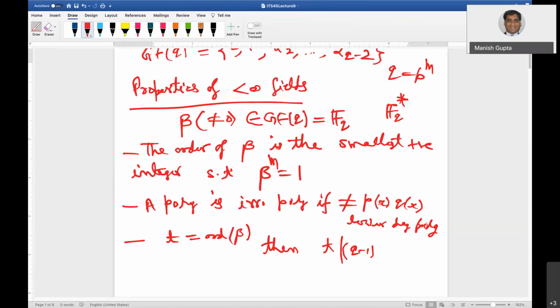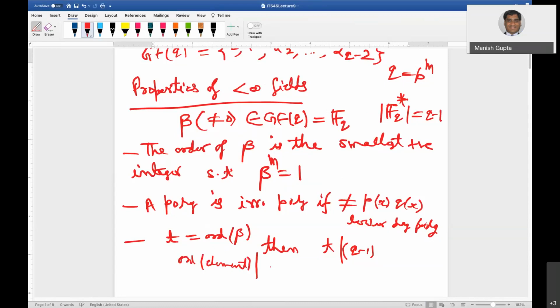So the cardinality, the order of F_q star, is q minus 1. Since beta is an element of F_q star, the order of an element divides the order of the group.